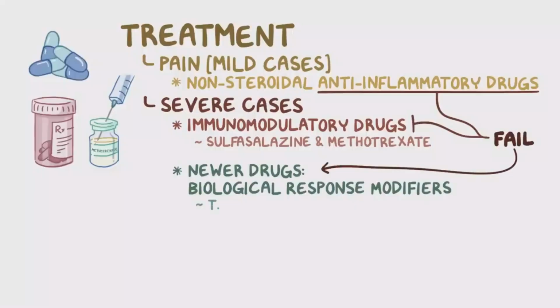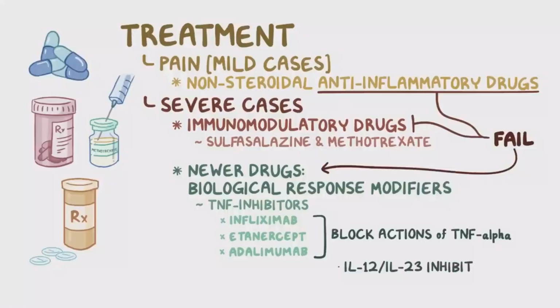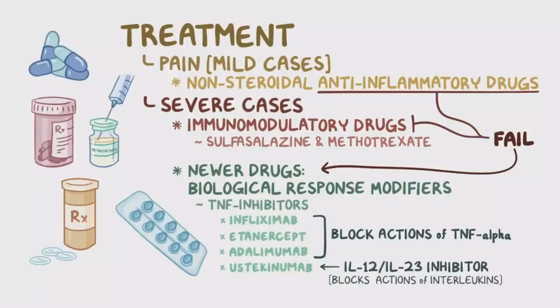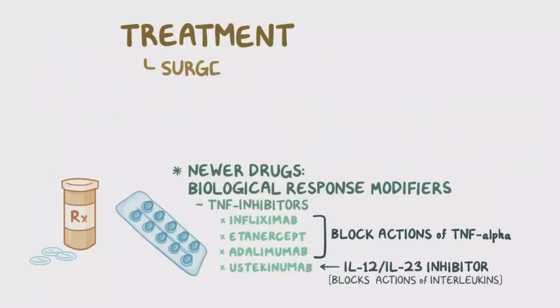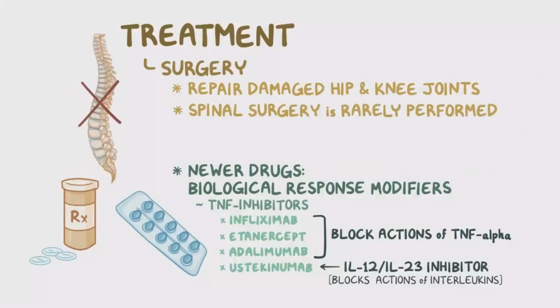These include the tumor necrosis factor inhibitors, like infliximab, etanercept, and adalimumab, which block the action of tumor necrosis factor alpha, as well as the interleukin-12, interleukin-23 inhibitor ustekinumab, which blocks the actions of the interleukins. Finally, surgery can be performed to repair damaged hip and knee joints, but spinal surgery is typically considered risky and is rarely performed.